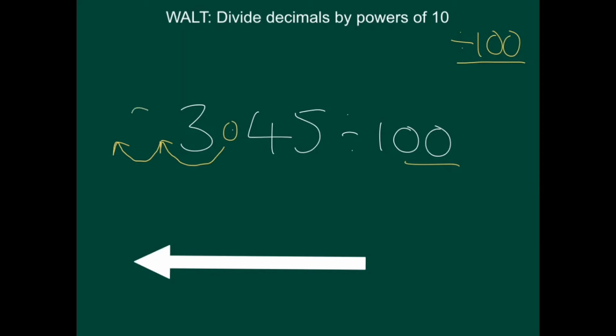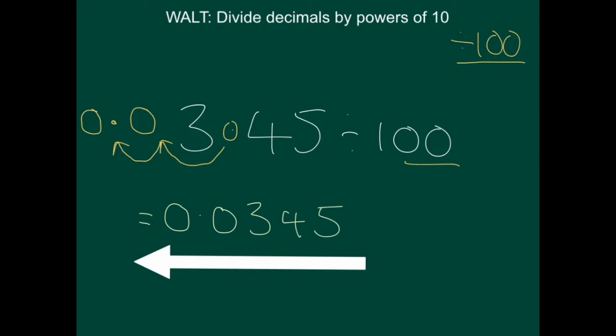And if we have to move it one more place and there's no more numbers, we put a 0 in there as our placeholder. So that means our decimal point is going to go here. And we can put that first placeholder in. So that means our final answer must be 0.0345.